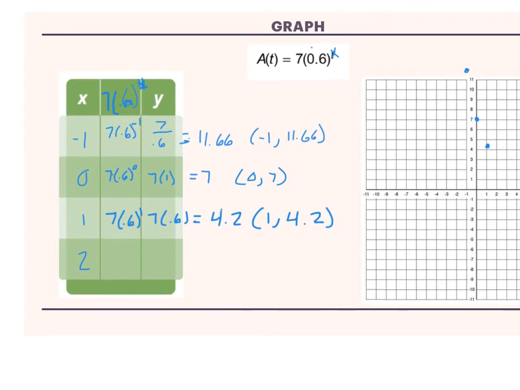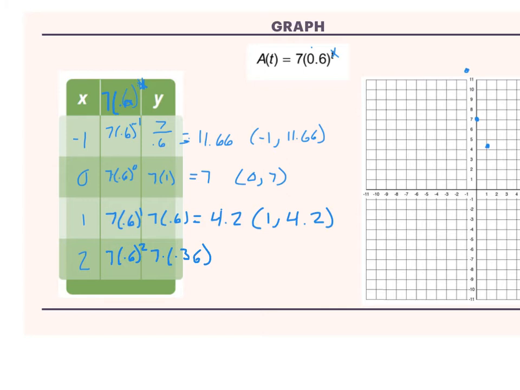Last number is 2, so we have 7 times 0.6 squared. So we have 7 times. Now we need to figure out what 0.6 squared is. So in our calculator, we're going to do 0.6 squared, or you could do 0.6 times 0.6, and we get 0.36.